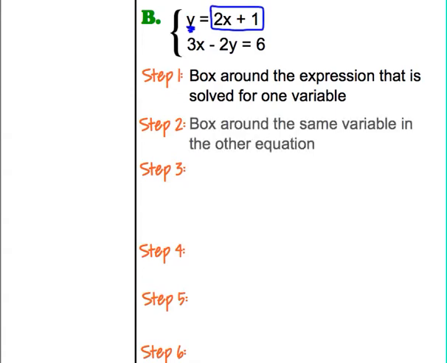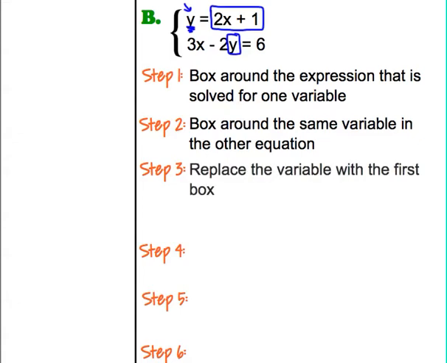Step 2 is to draw a box around the same variable in the other equation. Since y has already been solved for here, we're going to box in the y in the other equation. Step 3 says we're going to replace the variable with the first box.